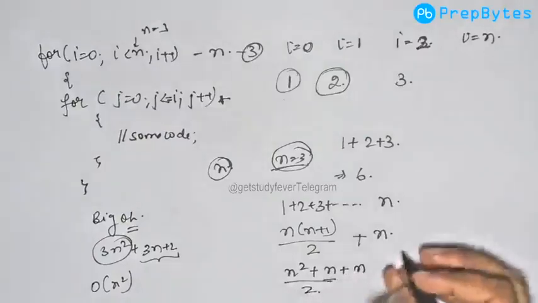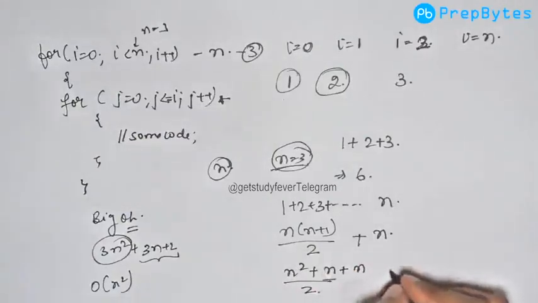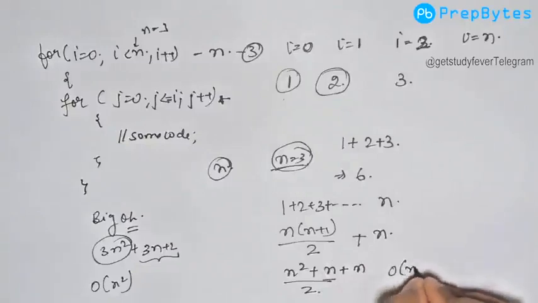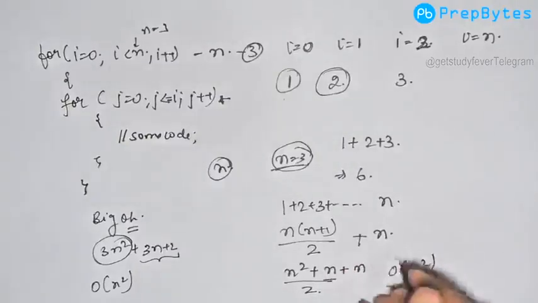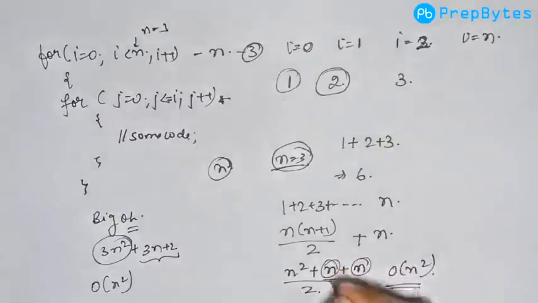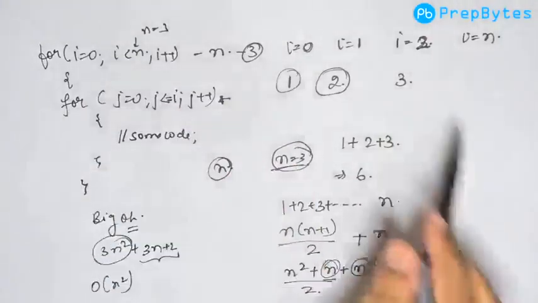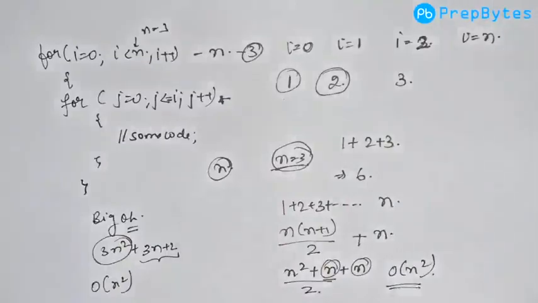So this will be the time complexity. We can also write this as O of n square, since we are ignoring the constants and the less significant terms. So this is how we calculate the time complexity in this case.